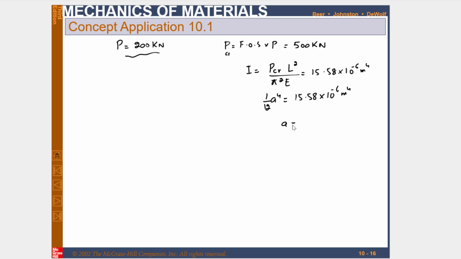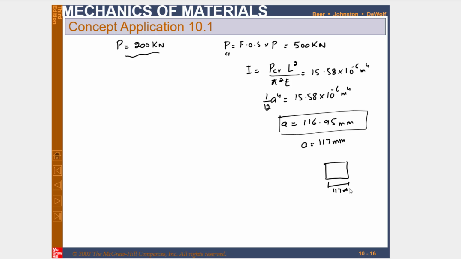So you can get the value of A from this, and that will be equal to 116.95 millimeter. So you can say A is equal to 117 millimeter. So the cross section is 117 millimeter by 117 millimeter.